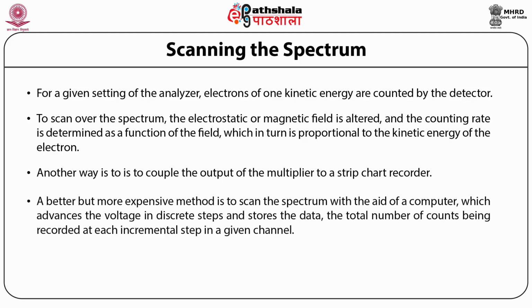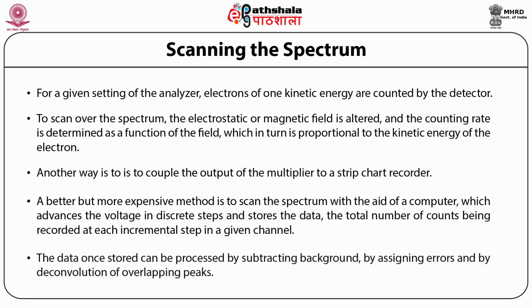A better but more expensive method is to scan the spectrum with the aid of a computer, which advances the voltage in discrete steps and stores the data. The total number of counts is recorded at each incremental step in a given channel, and the data once stored can be processed by subtracting background, by assigning errors, and by deconvolution of the overlapping peaks.